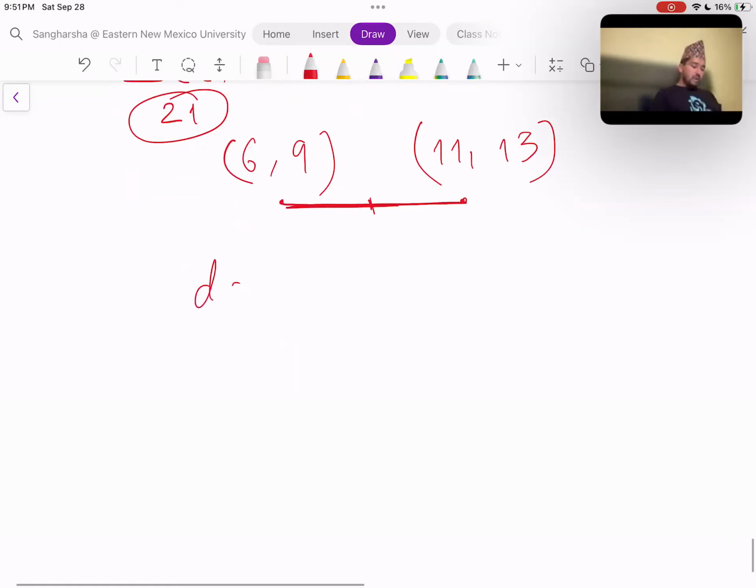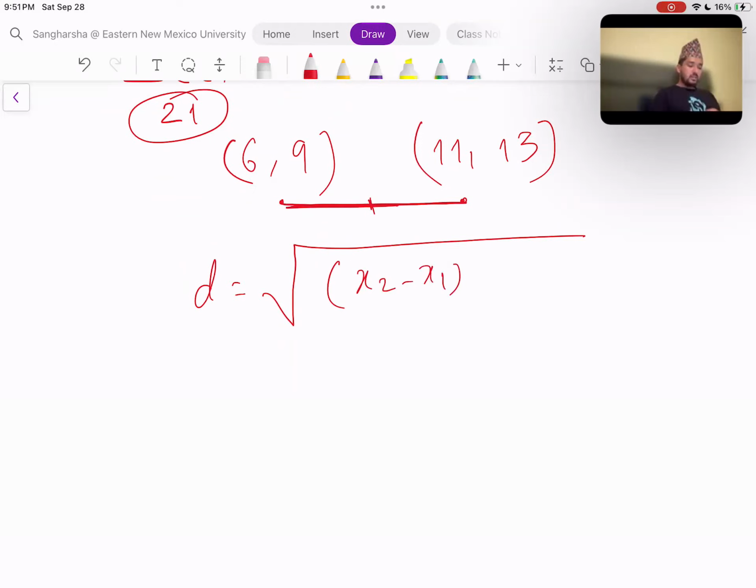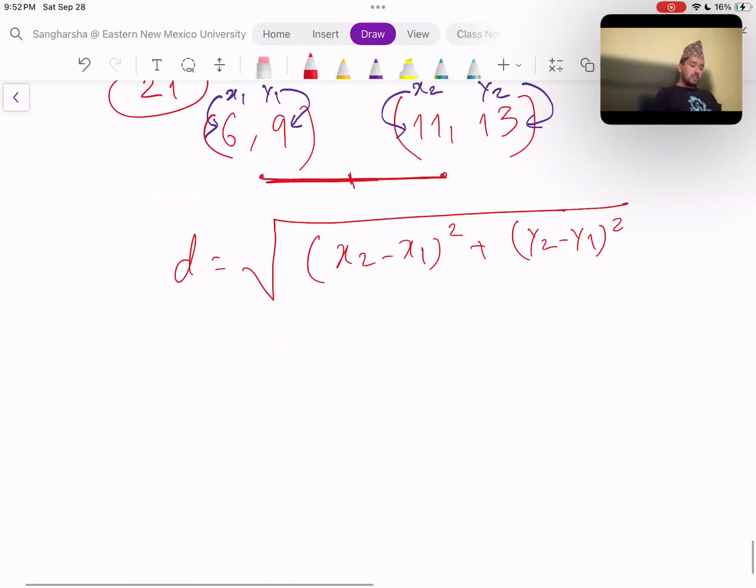So how do we find the distance? What is the distance formula? Our distance formula is the square root of (x2 minus x1) squared plus (y2 minus y1) squared. Now let's call this x1, this y1, this x2, this y2. Your x1 is 6, y1 is 9, x2 is 11, y2 is 13. Now you substitute here.